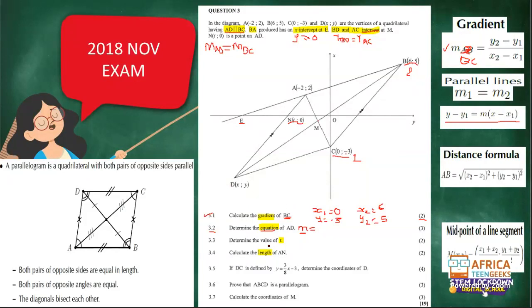You are right, the gradients will be equal, but let's just check our gradient. So you have y2 minus y1, divided by your x2 minus x1.